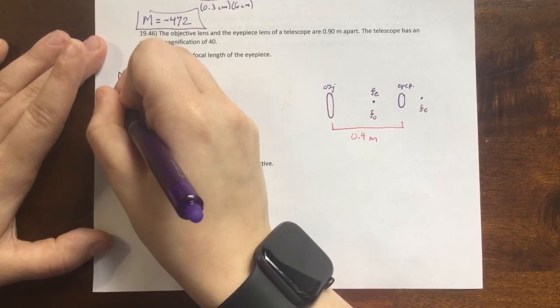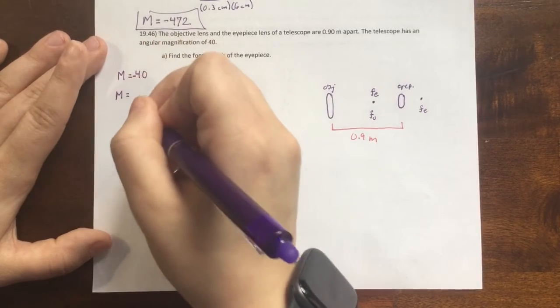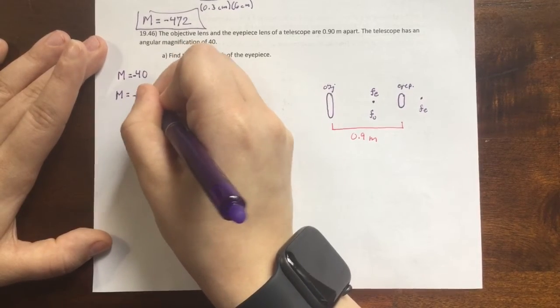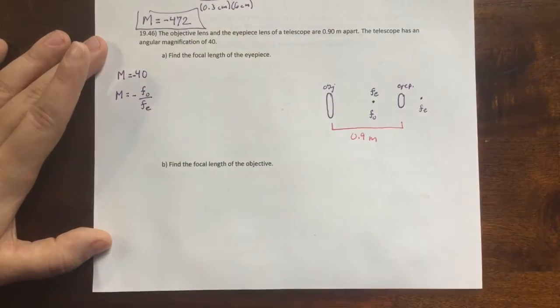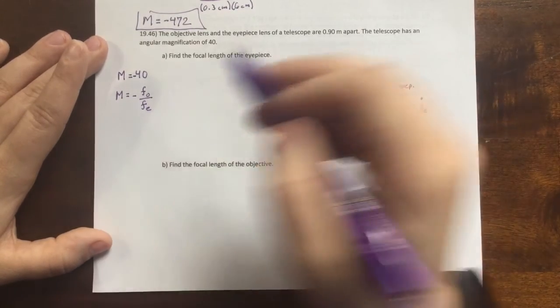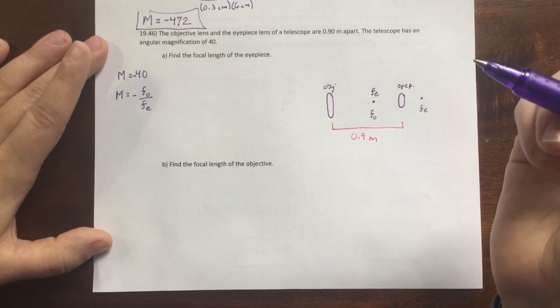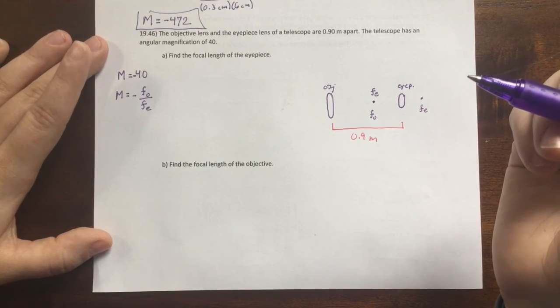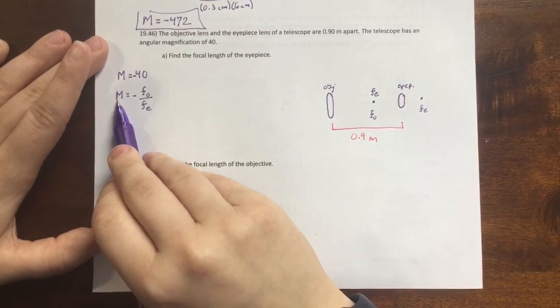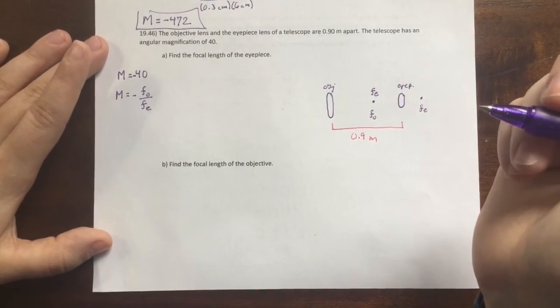And our equation for magnification is minus f objective over f eyepiece. We do not have either of these though, so we're going to have to get a little bit creative. What we do have is M, and we can have some fun from there.